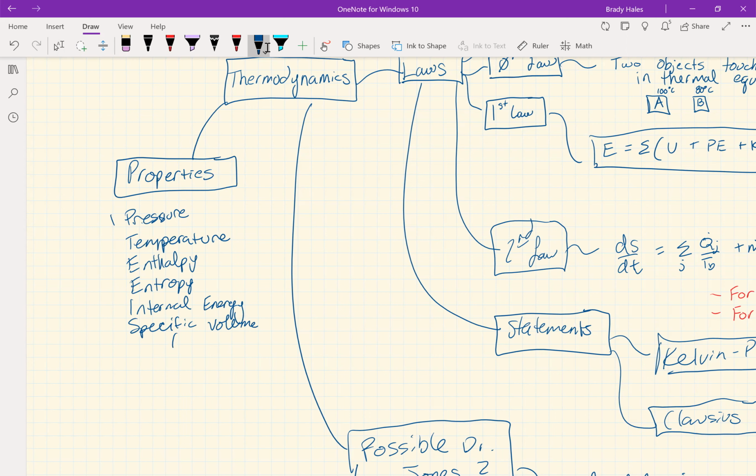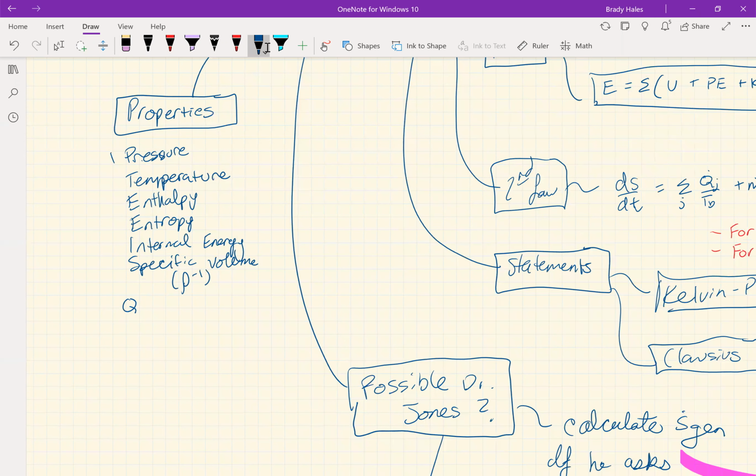And it's important to realize that this is just density raised to the -1. If you end up having to use a density term, you can convert that to specific volume, and then quality, right?